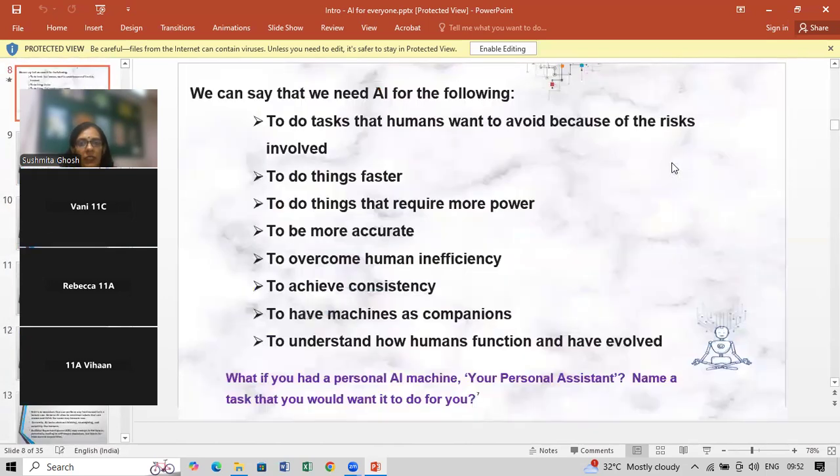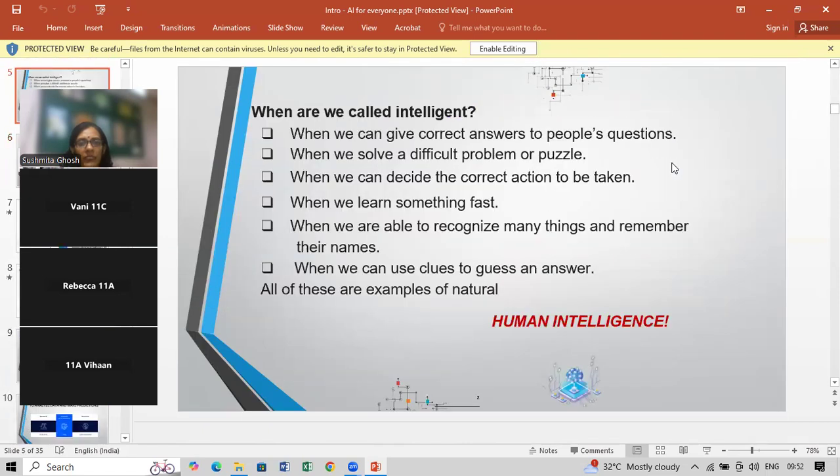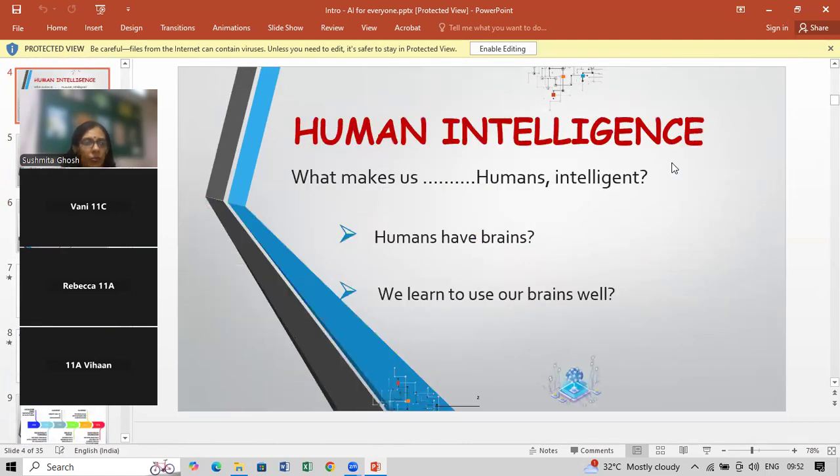Then we'll start. See, what exactly are we talking about when you talk about intelligence? Right? See, computers have been used since the beginning to do the work, since many long years, right? But what we are looking at there is automation. We are automating our manual work, right? Which machines have been doing for a very, very long time.